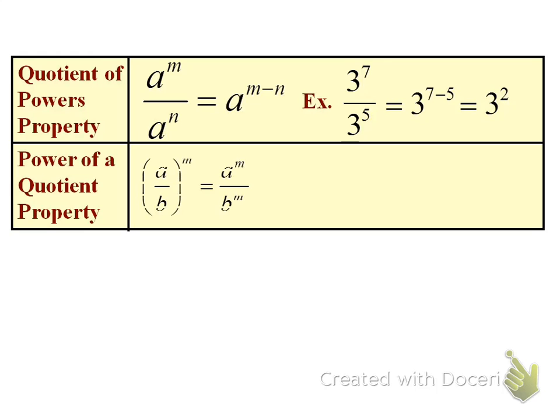Here's the power of a quotient. Another one we've looked at previously. So if you are dividing inside parentheses with an exponent on the outside, you can just take each piece, the numerator and the denominator, to that power.